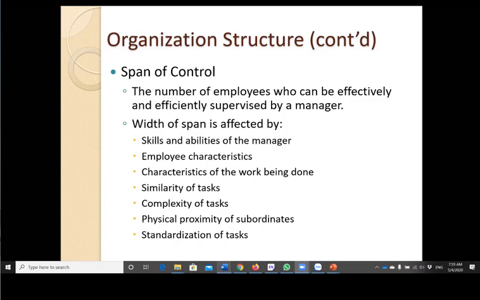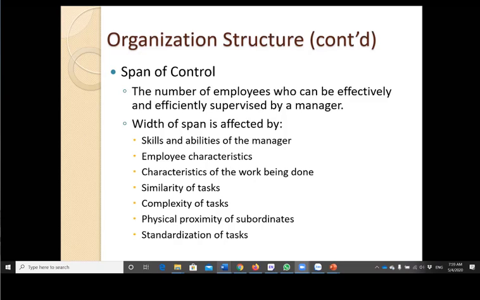To decide how many persons need to be put under one boss, you need to consider some factors. First, the skills and abilities of the manager.